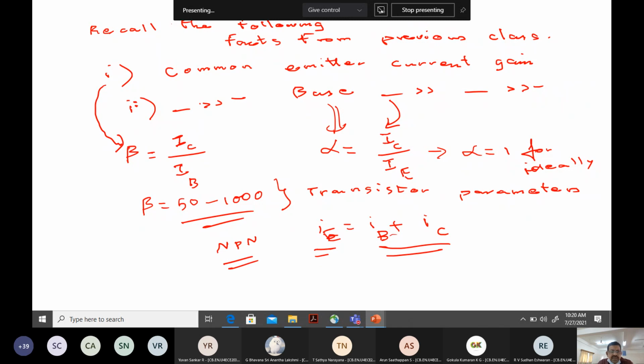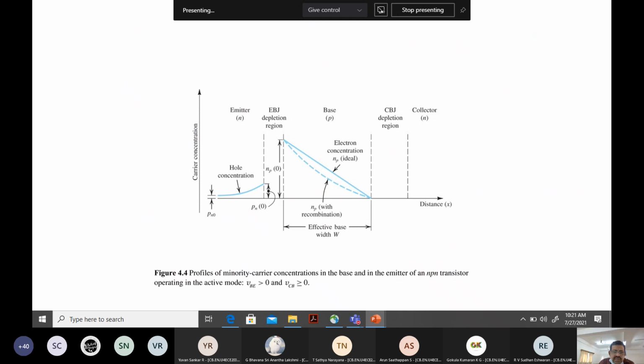When I want to find the minority carrier profile, let us first understand what the minority carriers are. Before you even look into this picture, I will tell you this. The minority carrier in the P region, that is the base region, is going to be the electrons.